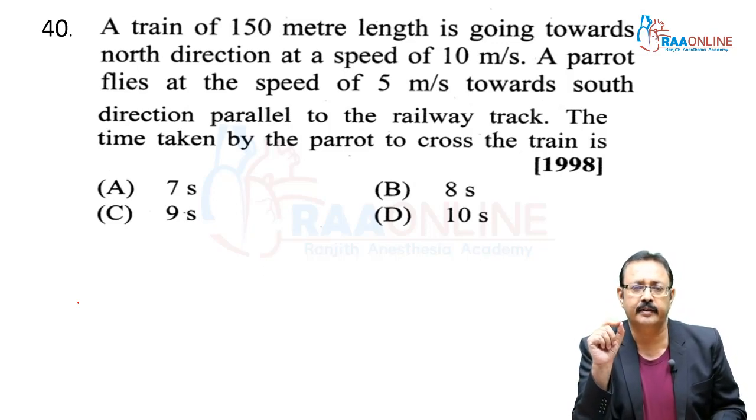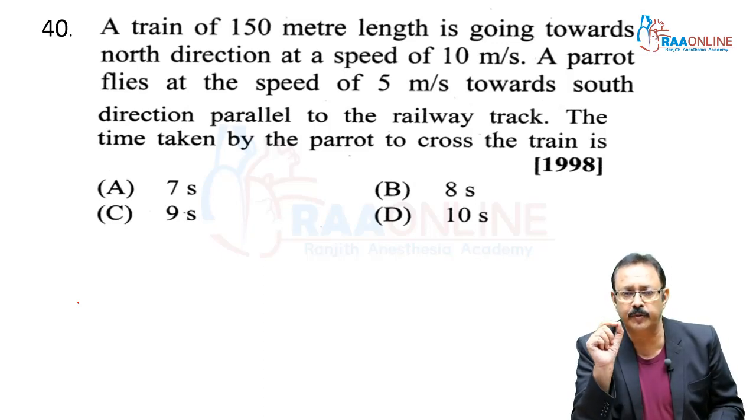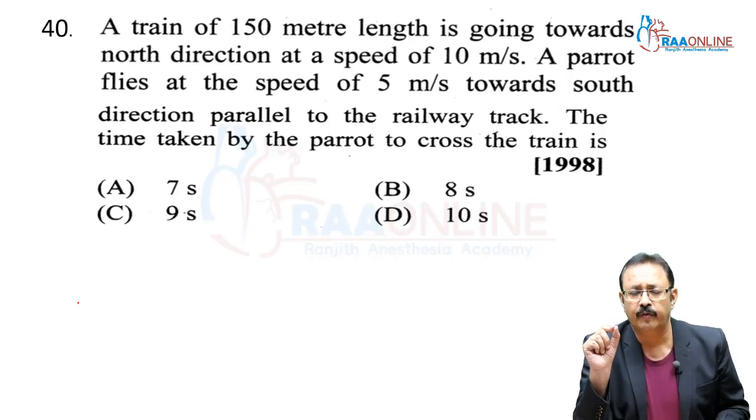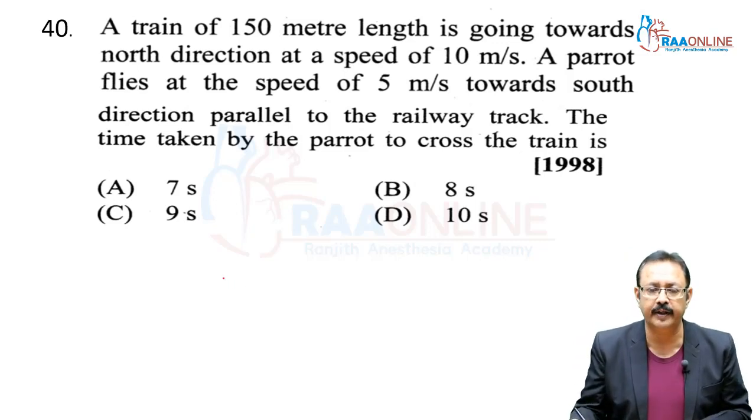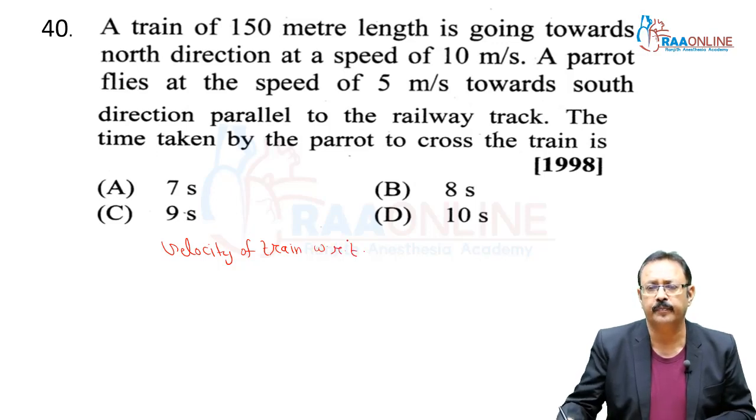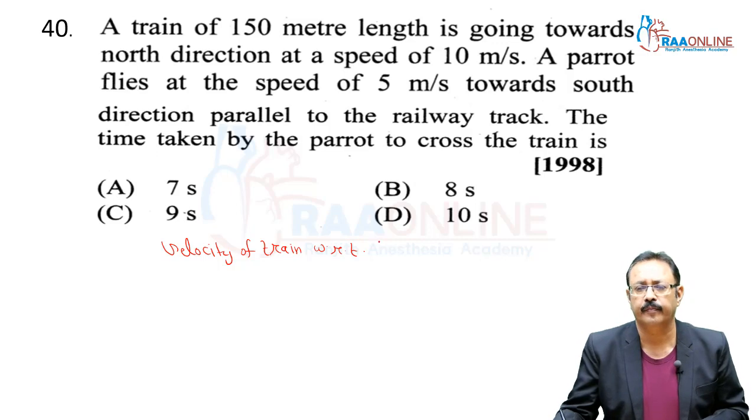For the parrot, by what speed is the train moving? If I am putting the velocity of the parrot 0, what is the velocity of the train for that parrot? We want to calculate the velocity of the train with respect to the parrot.